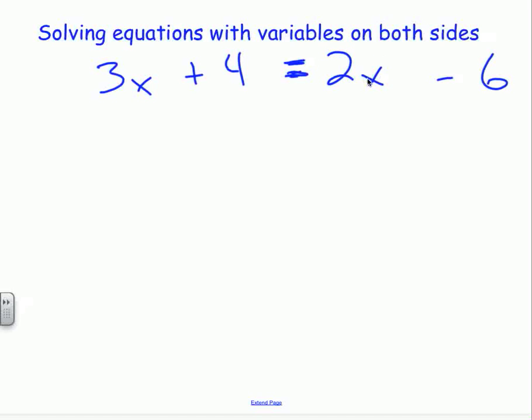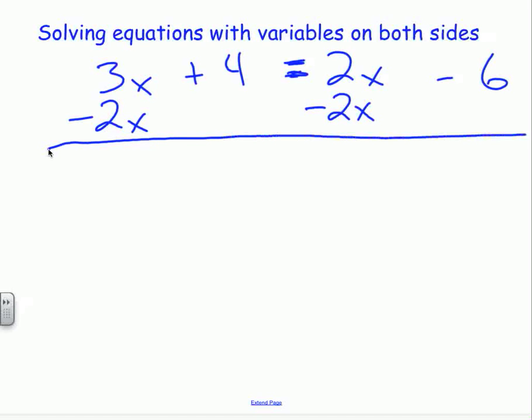Now, 2x is a positive, so I will do the opposite of 2x to both sides. And when I'm subtracting these, I have to take them away from the x's. I can't take away 2 from the 4 because this is a 2x. Draw my line.